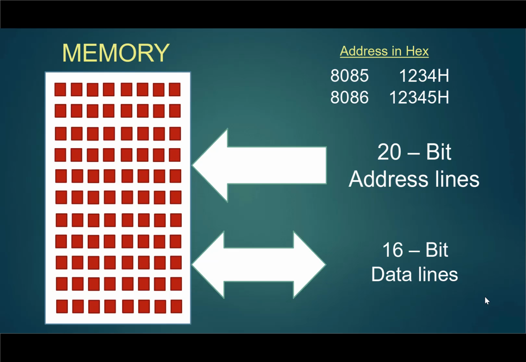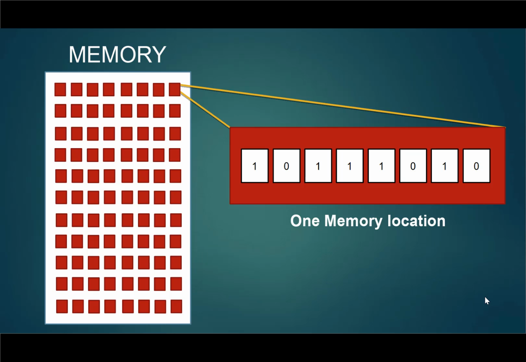When the microprocessor wants to fetch an instruction, it generates a 20-bit address. This 20-bit address is given to the memory, and memory now knows which memory location has to be targeted. Then the memory will put out 2 memory locations of data, 16 bits long, and give it back to the 8086.